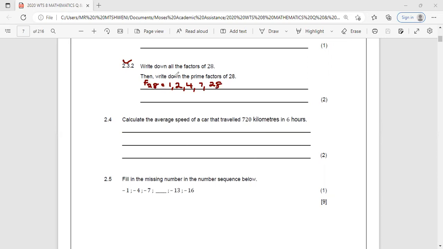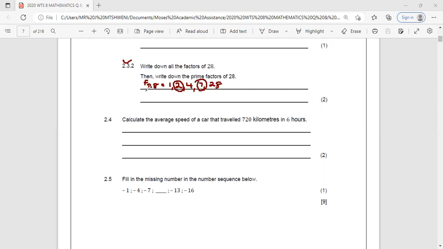Then write down the prime factors. Remember the prime factors: from the factors that you have found, you now have to pick out the prime ones. What are the prime factors here? 2 and 7.